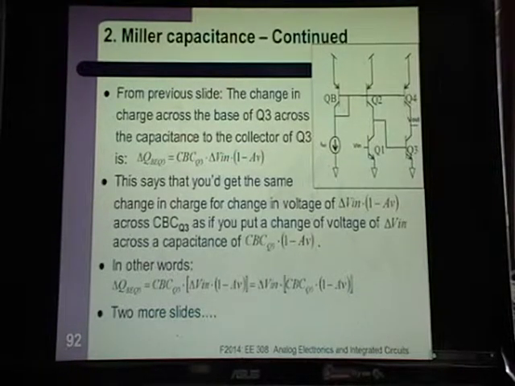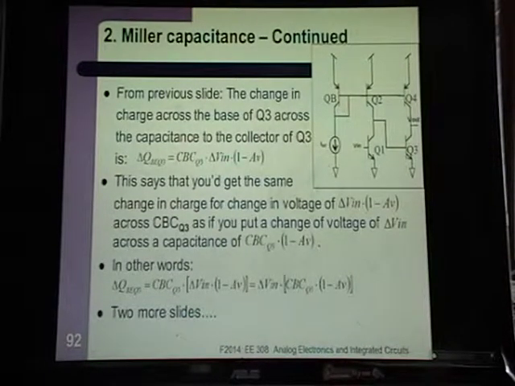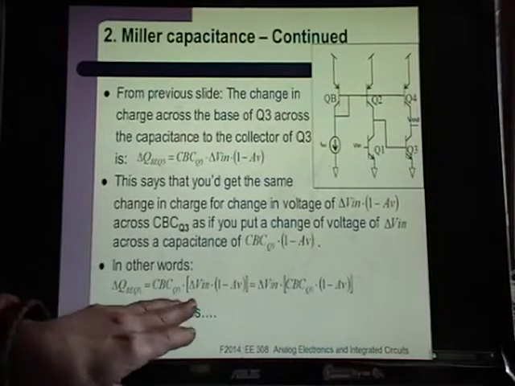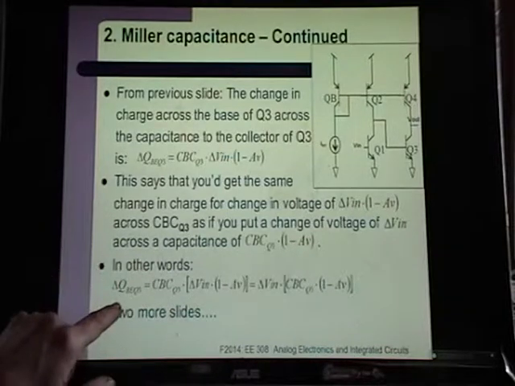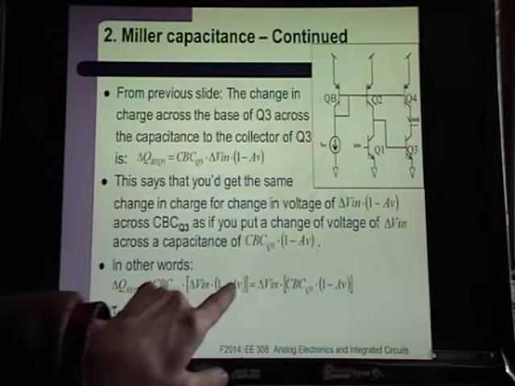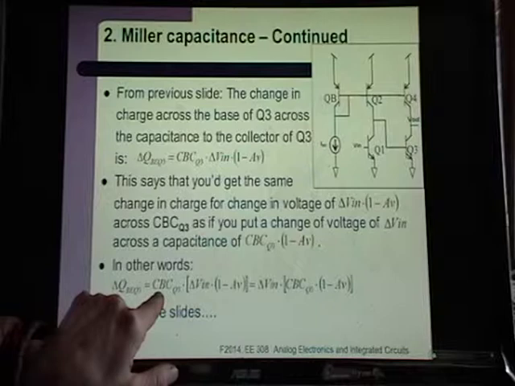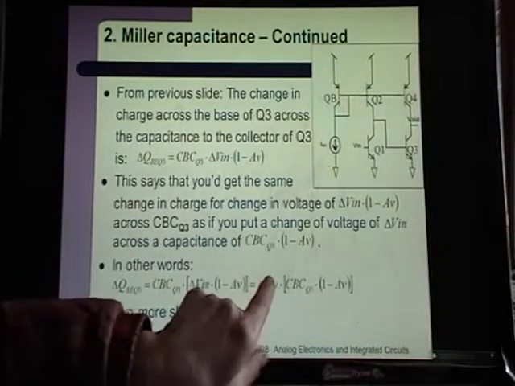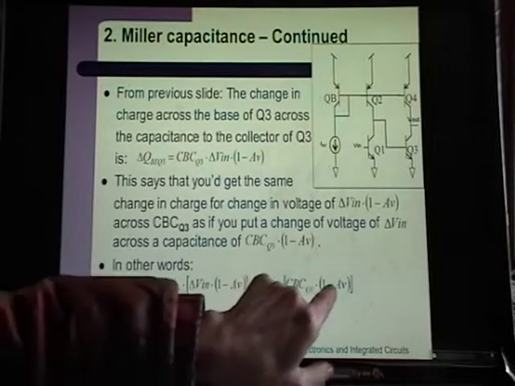This is a lot like how we did that shortcut for Rn of a degenerated common emitter or an emitter follower. What we can say is that you'll get the same change in charge for a change in voltage of delta Vn times 1 minus AV across a capacitor of size CBC as you will get for a change of voltage of delta Vn on a capacitor of size CBC times 1 minus AV.